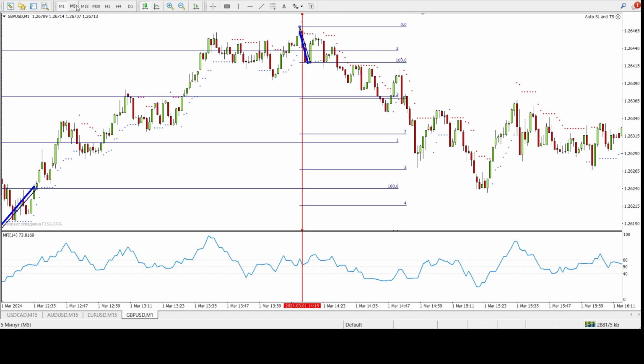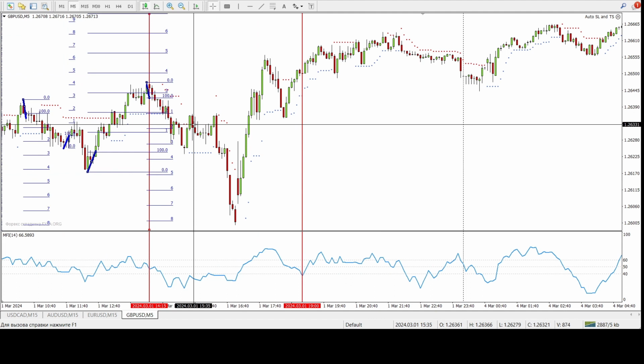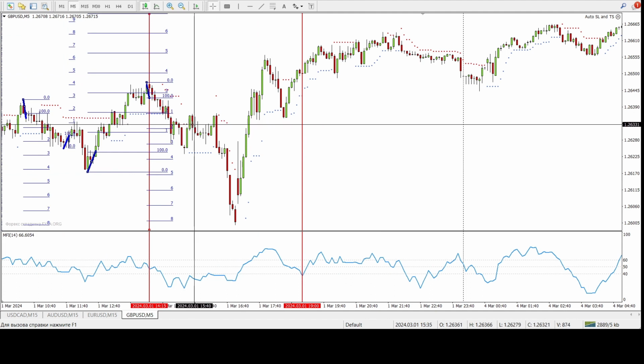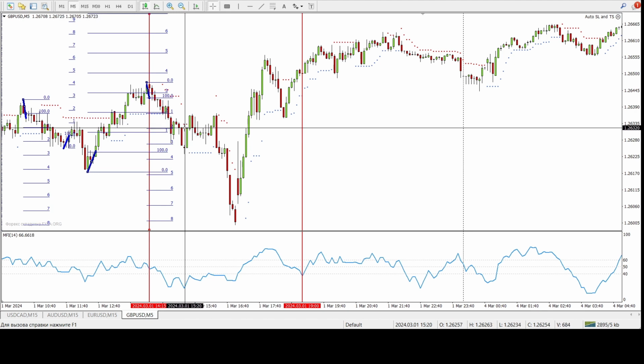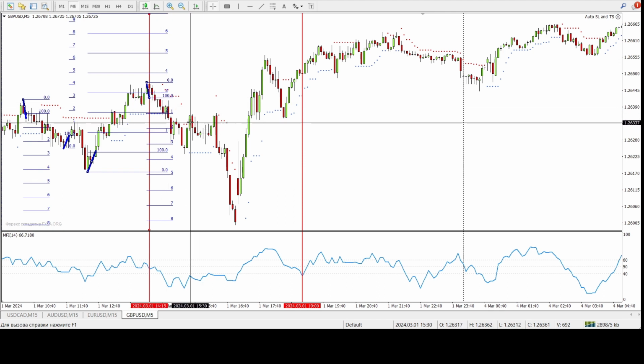Go to M5. Here it could close at plus somewhere around 2.